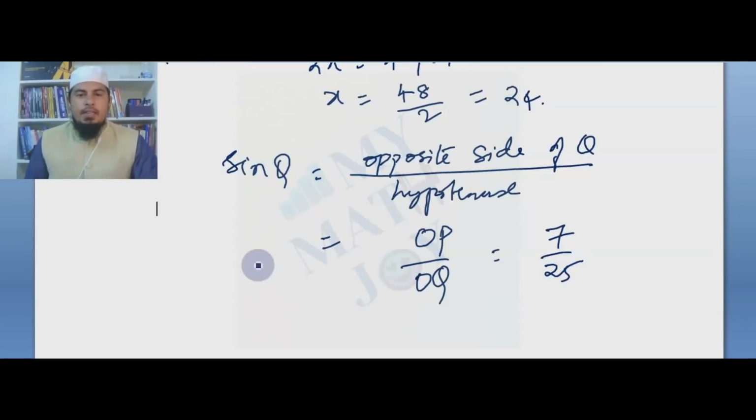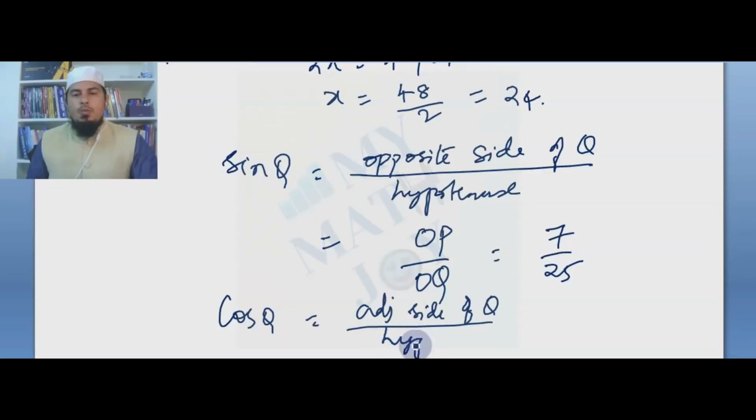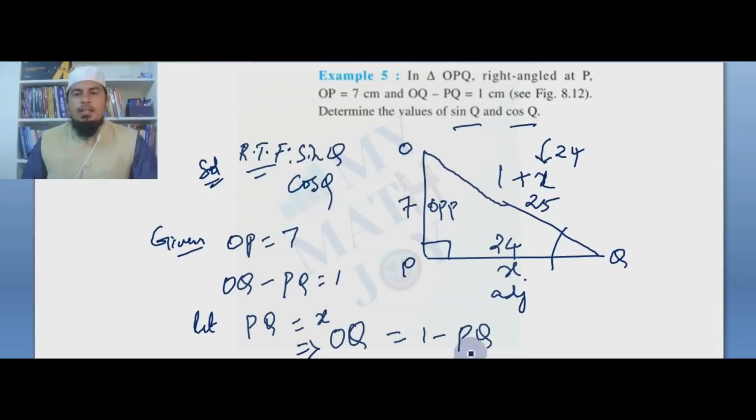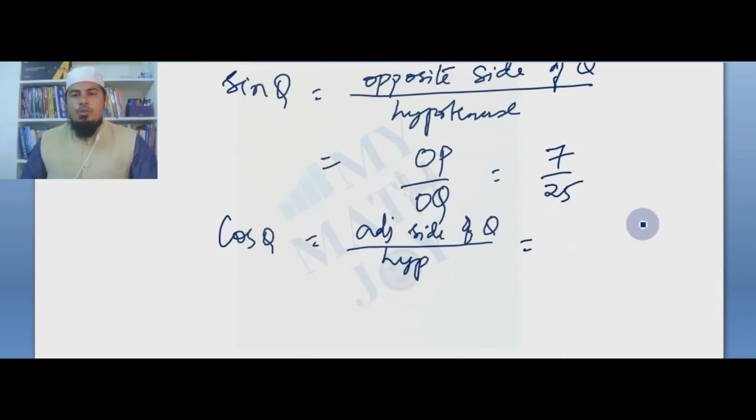Similarly, cos Q is adjacent side of Q by hypotenuse, according to the definition. Adjacent side is here, hypotenuse here, so I can write PQ by OQ, and PQ is 24, OQ is 25, hence you got the answer.